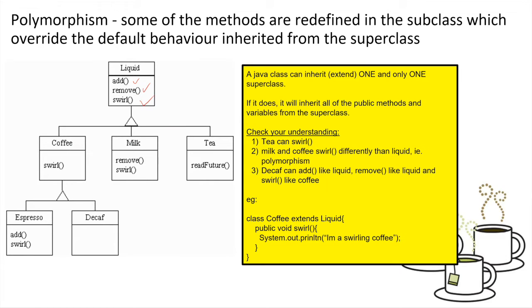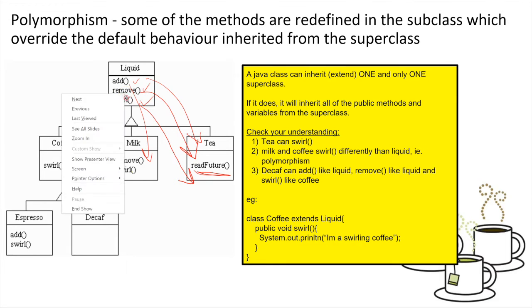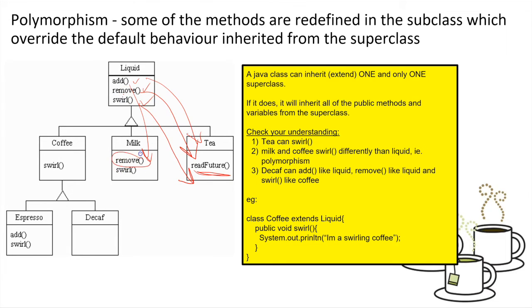If I look first of all at tea, tea will have add from here, remove from here, swirl from here, and it'll also have its own method, which is read future. Milk will have add from here, but I can see that remove has been overridden here, so it will not have the remove from liquid, it'll have its own remove.